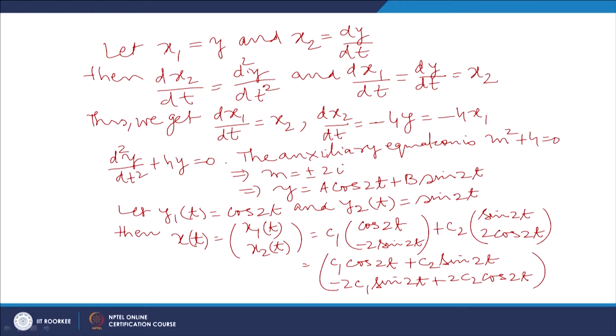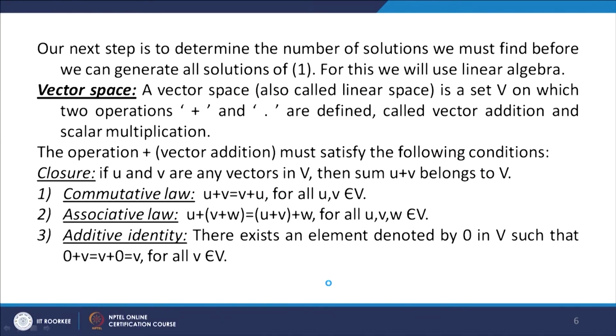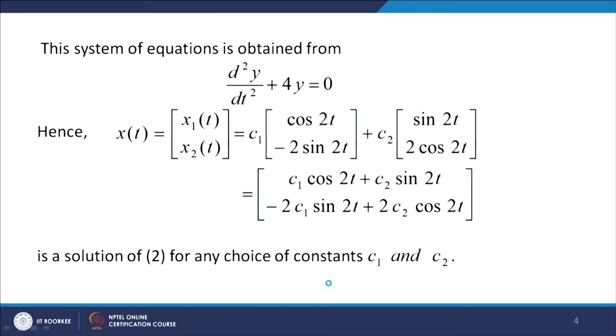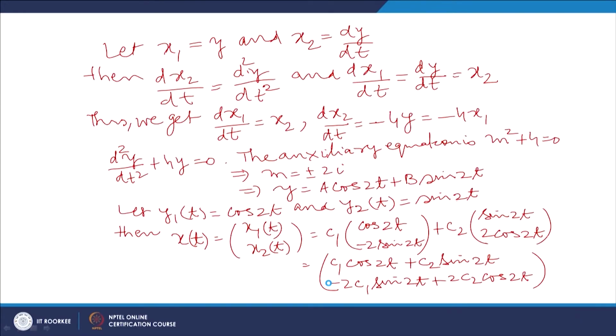So this gives us x(t), a general solution of the given system of equations for any choice of constants C1 and C2. You can see x(t) is equal to C1 cos 2t + C2 sin 2t, then minus 2C1 sin 2t + 2C2 cos 2t.